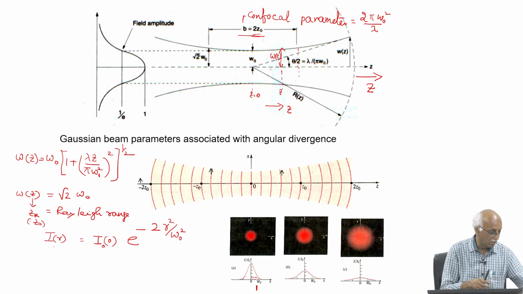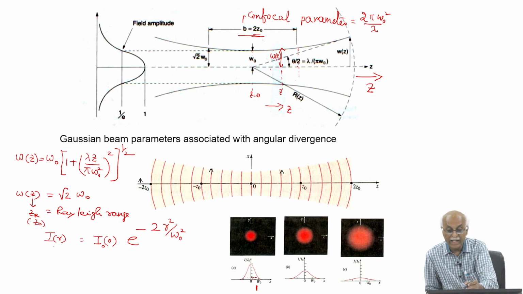Now, this divergence angle can be estimated, of course, this divergence may be small if the beam spot size is large enough. Half of this angle, theta by 2, can be estimated by approximating it as a triangle, when z tends to infinity.